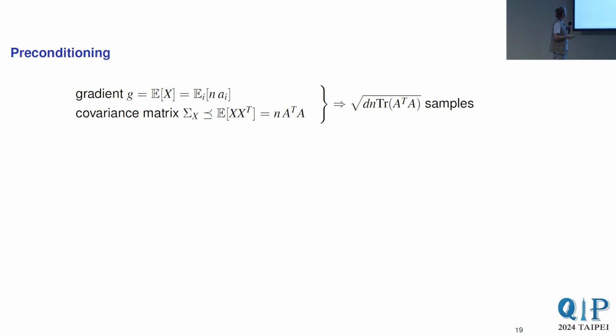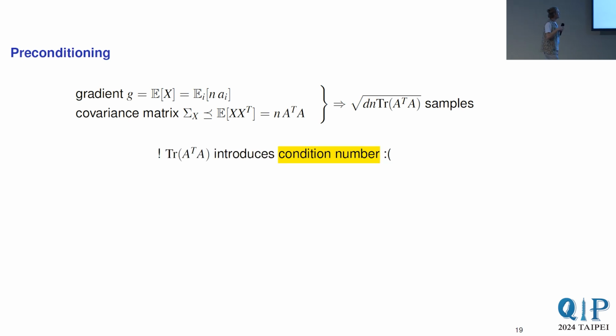This seems not so great, because this trace of A transpose A introduces a condition number dependence. It introduces dependence on the eigenvalues of the Hessian, something we particularly did not want. And here comes one of the nicest things about this work, one of the things we're most happy about.